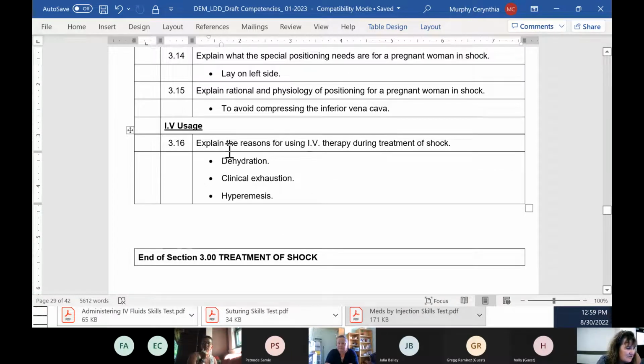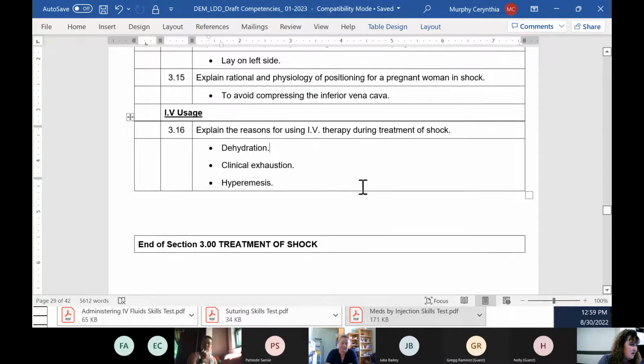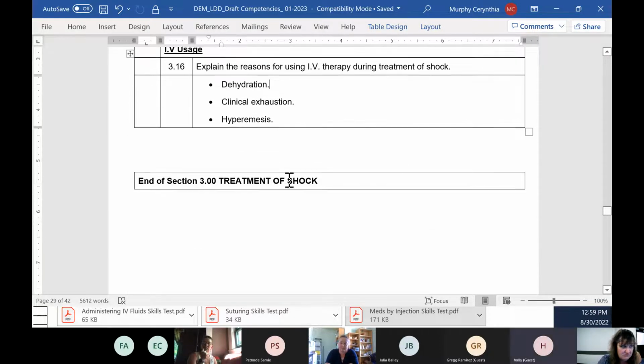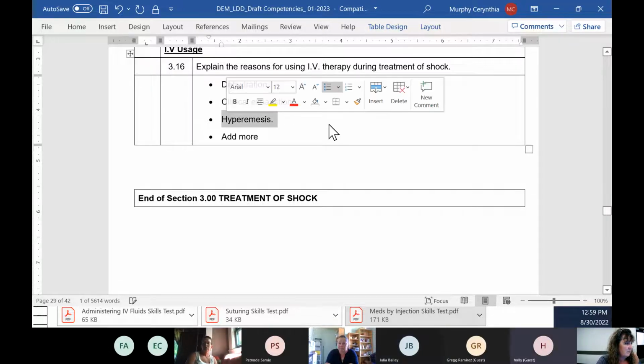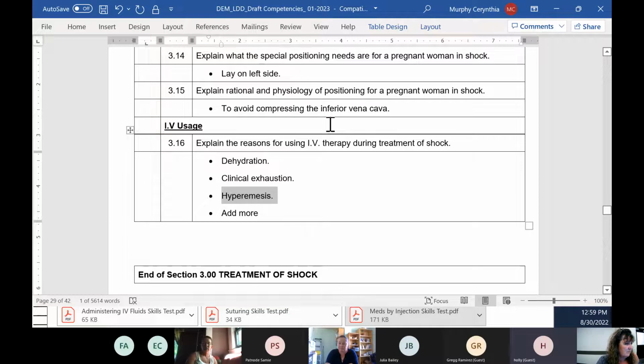Okay, so IV usage. Explain the reasons for using IV therapy during treatment of shock. And there are way more than those. So we need to add more? Yeah. Well, because those are the reasons for using IV therapy, period, right? Hyperemesis has nothing to do with the treatment of shock. Well, the way that our law was set up is that we're using IV to prevent or treat shock.